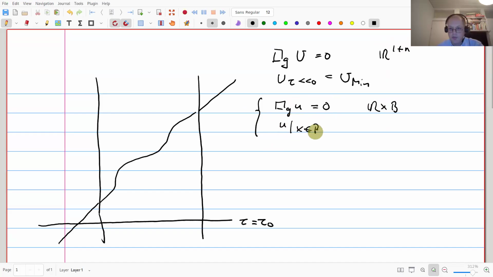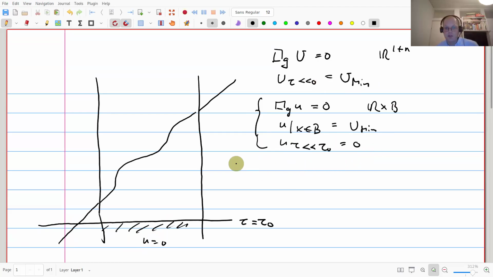So on the boundary of the cylinder, this is the Minkowski plane wave, and then it should vanish in this region when the Minkowski plane wave hasn't entered the cylinder yet. Okay, so this is a well-posed problem for the wave equation. You can just go ahead and solve it.